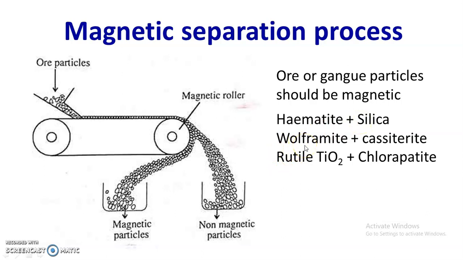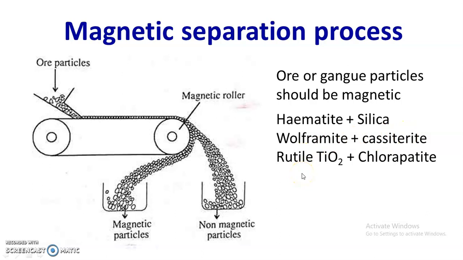Then wolframite is also separated from cassiterite. Wolframite is the magnetic ore, its molecular formula is FeWO4. It is separated from cassiterite. Cassiterite is non-magnetic, maybe a gangue particle, and its formula is SnO2.